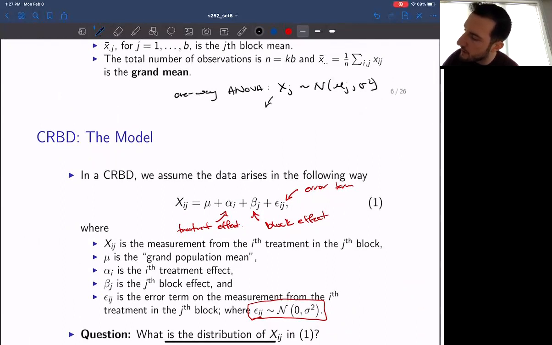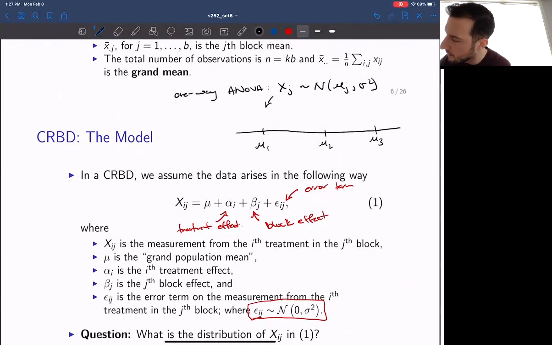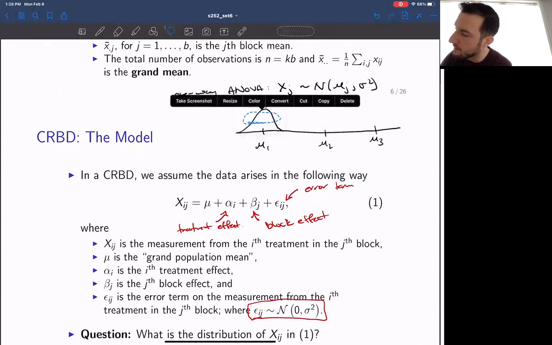Visually, this basically just meant that if we have an axis that looks like this, and say that we had 3 treatment groups, so mu_1, mu_2, mu_3, each of these treatment groups have the same normal curve sitting on top of them. They just have different means.